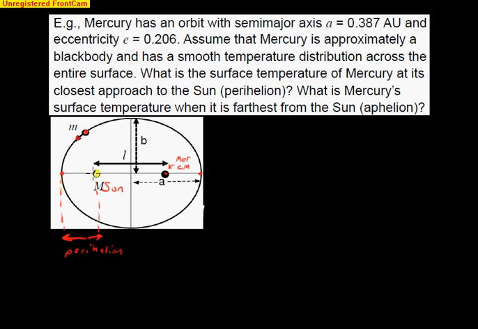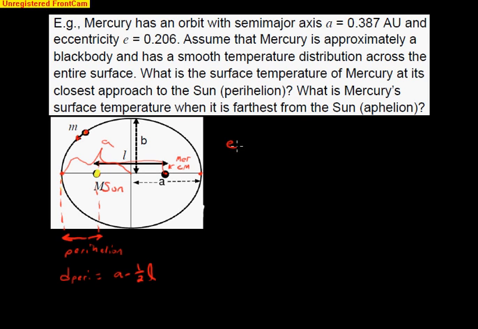We've got A. This is distance A. This distance is L. So if we take the distance A and subtract half of L from it, that should give us this distance here. So the distance, we'll call it peri, is equal to A minus 1/2 of L.